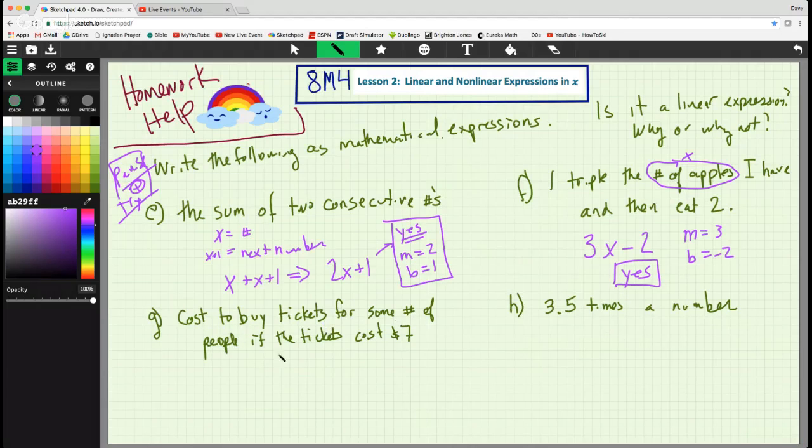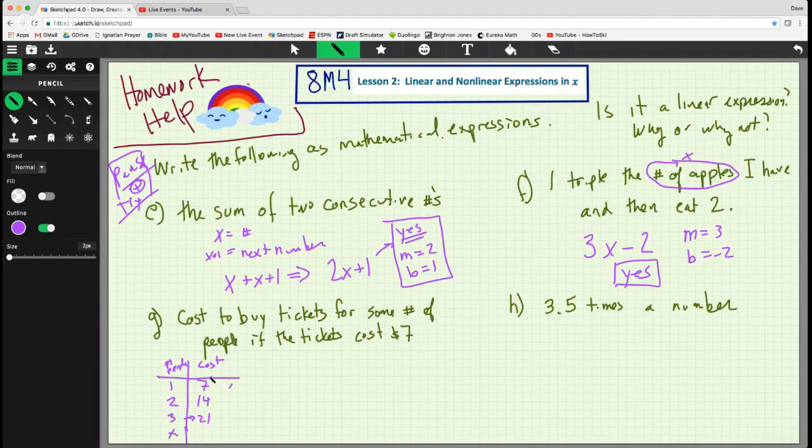Cost to buy tickets for some number of people if the tickets are $7. Well, we can answer this quickly. Some of you probably can do this off the top of your head, but let's just look at this. If I have 1, 2, 3 people, 1 person is 7, 2 is 14, 3 is 21. So if I have x, what is it? To get from the number of people to the cost, what did I have to do?